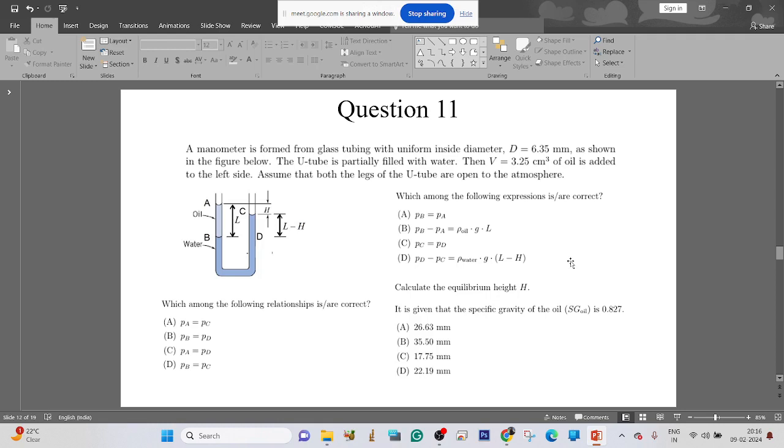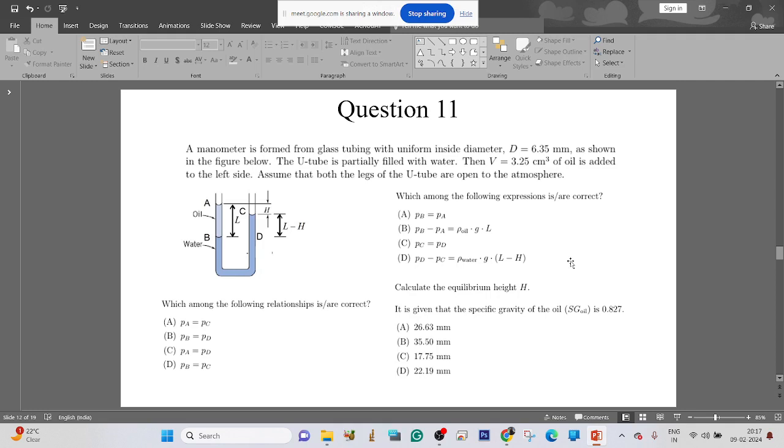So if you put this in the main equation, H is equal to L minus density of oil g L upon density of water g. So the density of oil multiplied by g is 0.827 and this is 1.